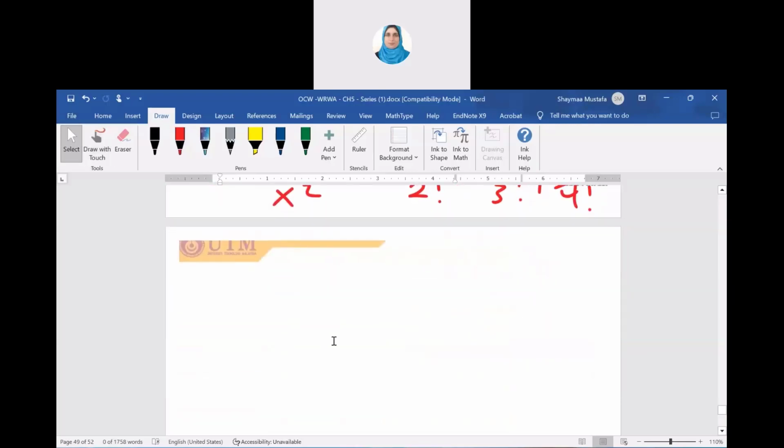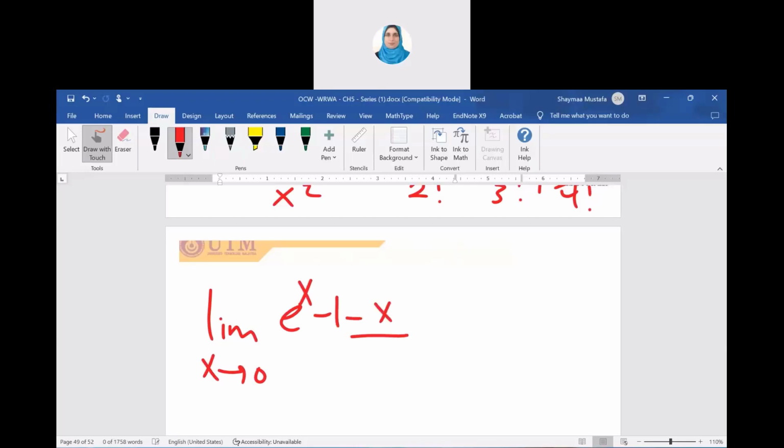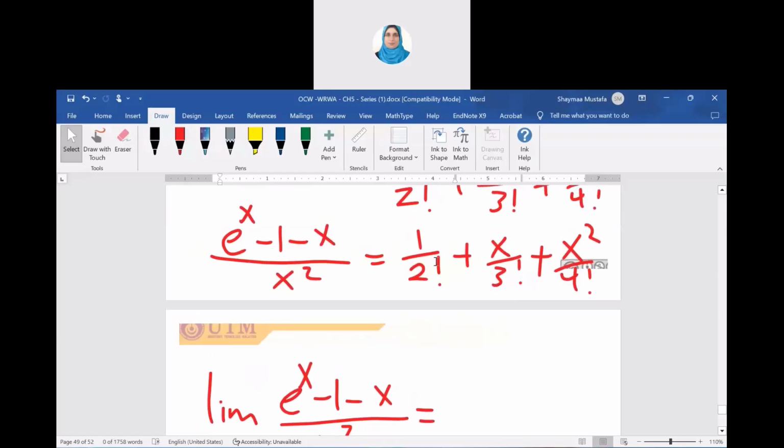So now I need to find the limit when x goes to 0 for (e to the x minus 1 minus x) over x squared. It should be equal to the limit when x goes to 0 for this term.